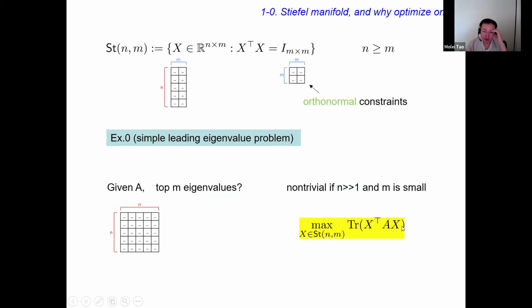If you take the trace of the projected result, you are really summing over the eigenvalues. So you're looking for the best subspace to project to, such that the sum of the eigenvalues of the projection is maximized. If you do that, you will locate the eigenspace of the top m eigenvalues. That's why you can leverage Stiefel optimization to do this task.